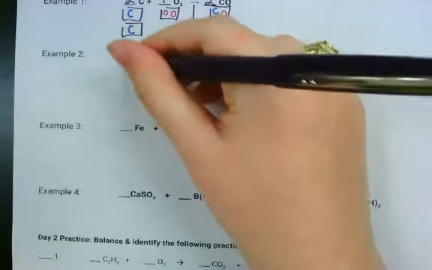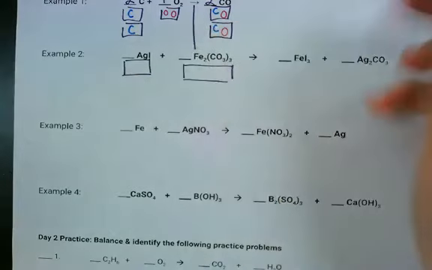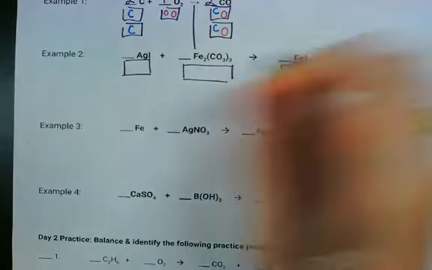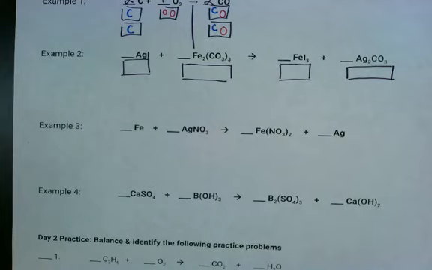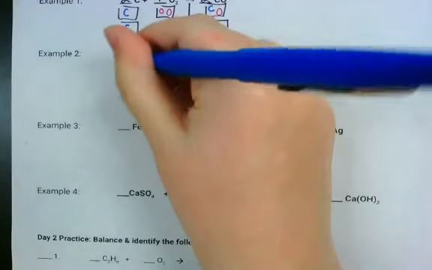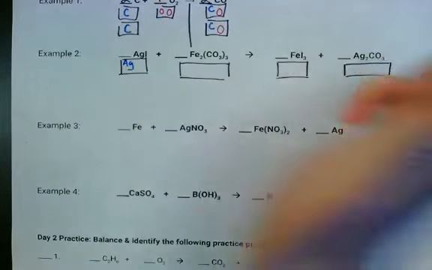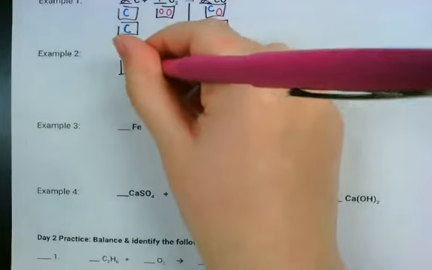So, step 1, draw a box for each blank. I would recommend that the larger the compound, the larger the box that you draw. Alright. So, how many Ag do I have? 1. Alright. How many I's do I have? 1.